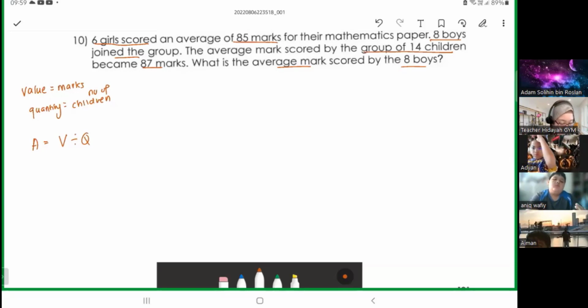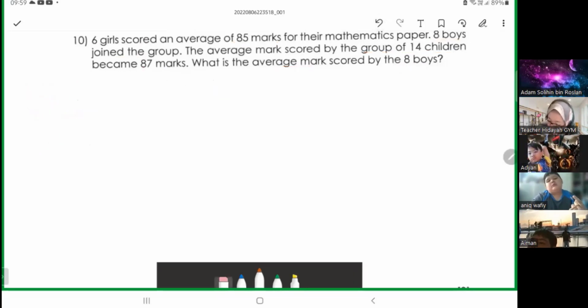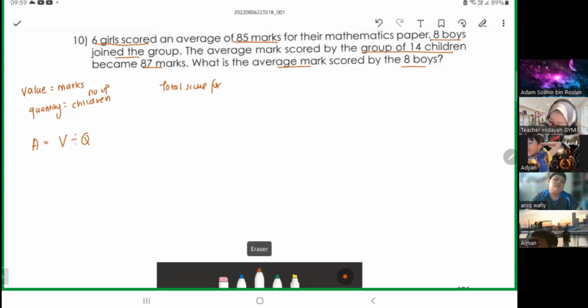So what we're going to do here is find out the total score for the girls first. Total score for the 6 girls will be 85 times 6.